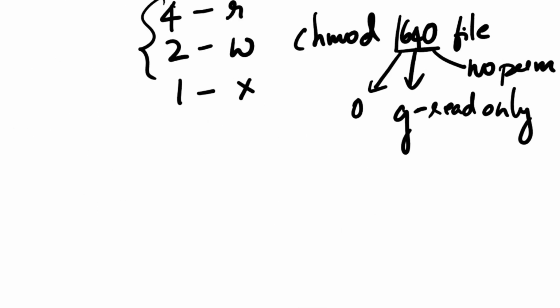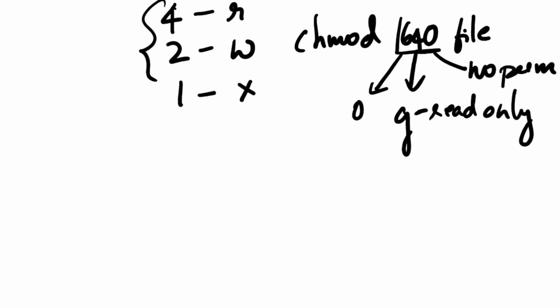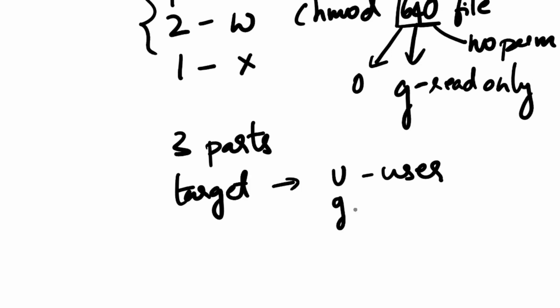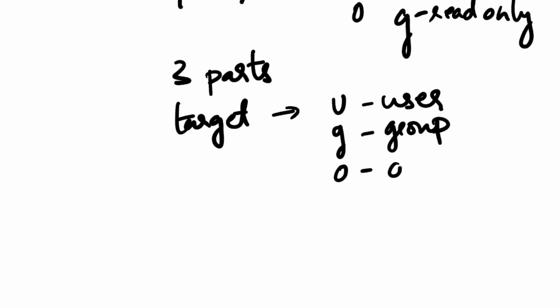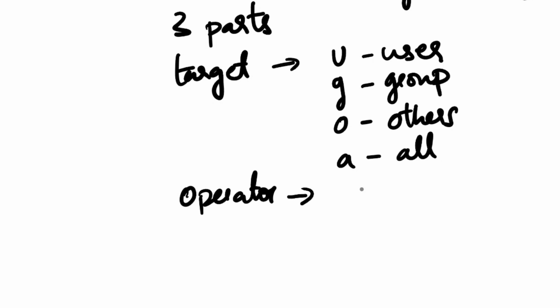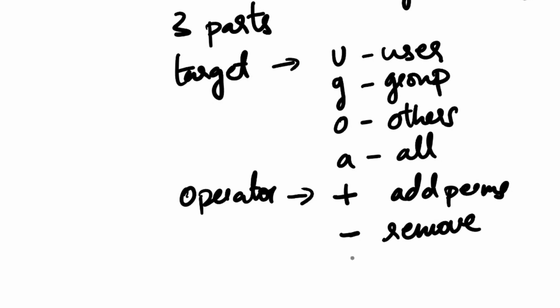Now let's look at the symbolic notation. This allows you to use letters and symbols to set or modify permissions. The symbolic notation consists of 3 parts. First is the target. For example, u for user, g for group, o for others, a for all. And then there is the operator. For example, plus means add permissions, minus is to remove permissions, equals is to set permissions.